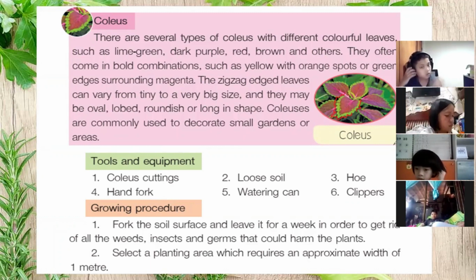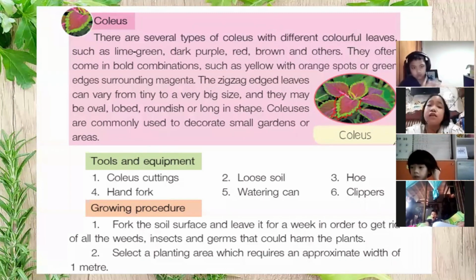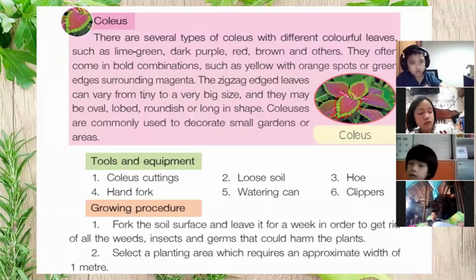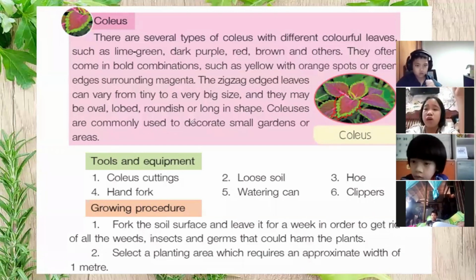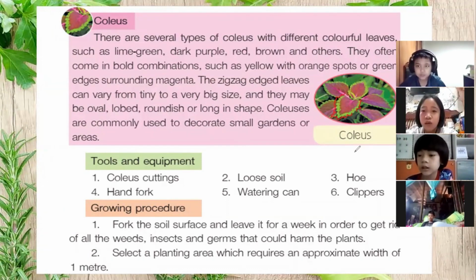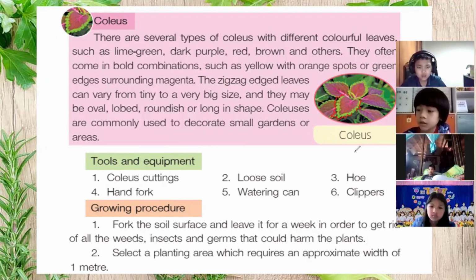The zigzag edges of the leaf can vary from tiny to a very big size. All these edges are zigzag, and the size can be tiny or big, and they may be oval, lobed, roundish, or long in shape. So these are all different shapes, right?